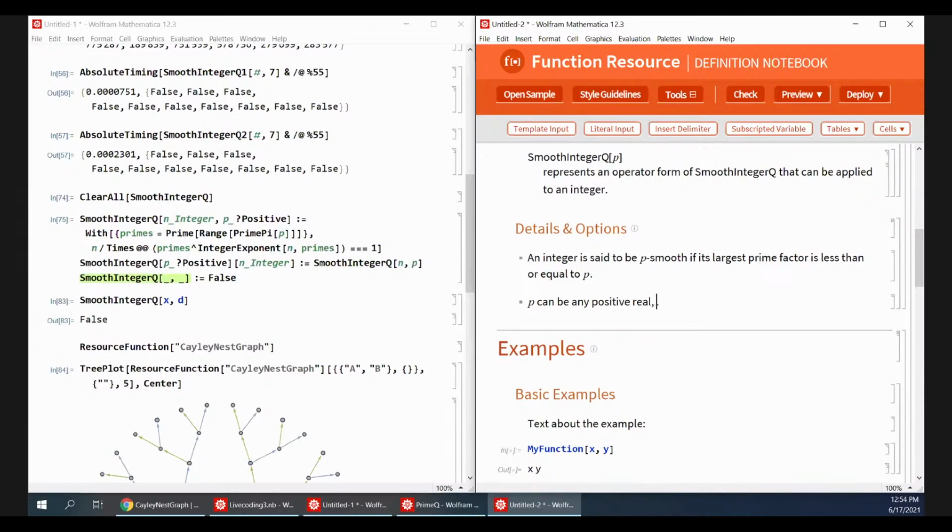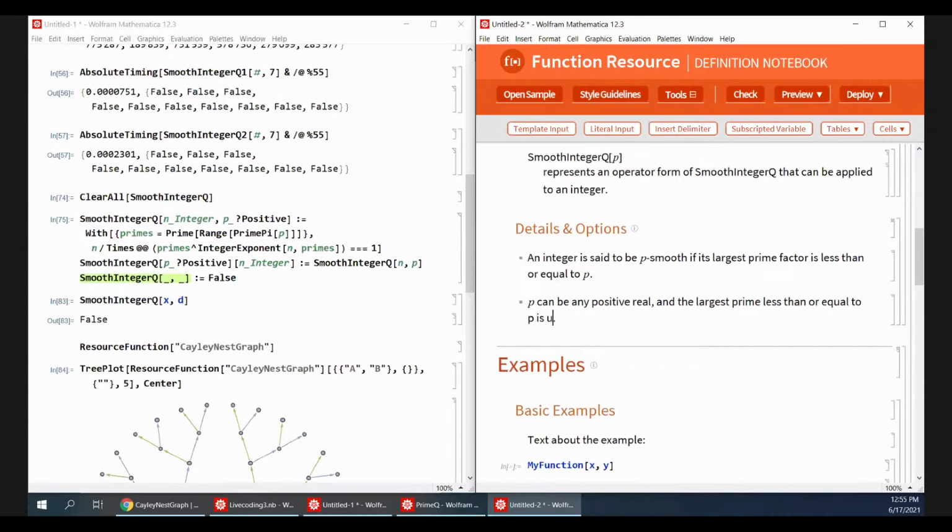You could say, if P is an arbitrary positive value, the largest prime less than P will be used, or less than or equal to, I don't know. Yeah, that's fine.